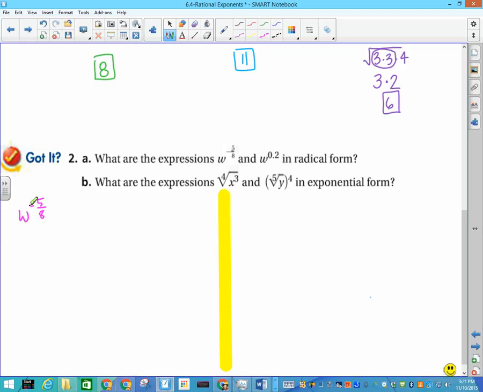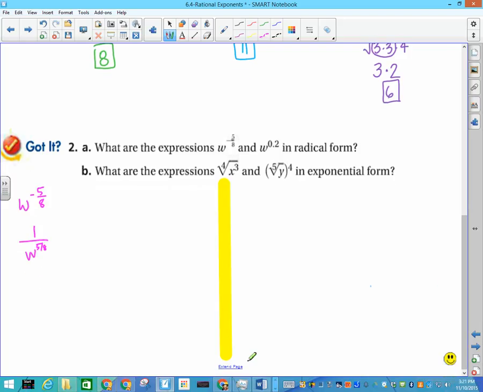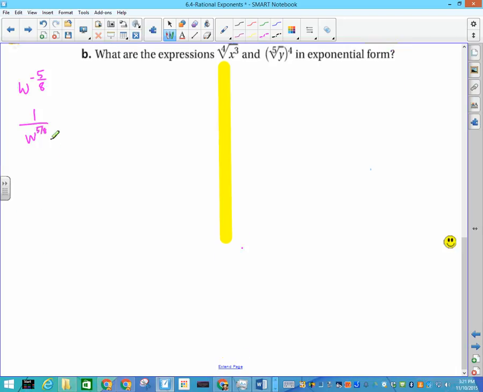I hope y'all remember that a negative exponent is the same thing as putting 1 over w to the 5/8. So that is 1 over, and the bottom number is the index, so that's the 8th root of w to the 5th. We've talked about this a lot. If I have an 8 out here and I have 5 inside, how many more do I need?